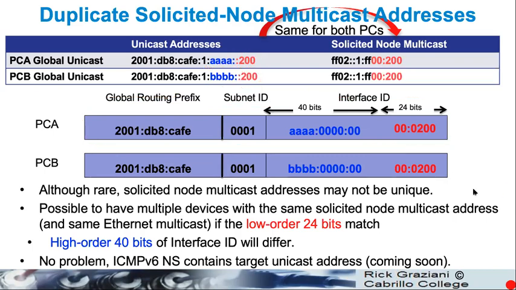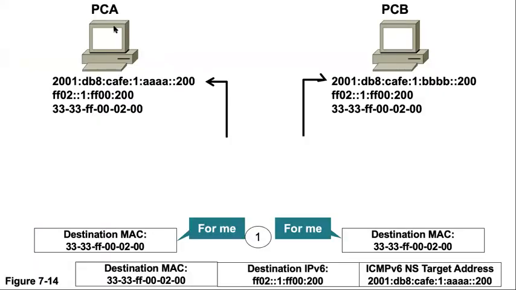Okay, so here we have PCA and PCB. We have a device that is looking for this IPv6 address. Why? Because it needs the MAC address, like an ARP request. This is known as a neighbor solicitation message. Hey, I know this IPv6 address.